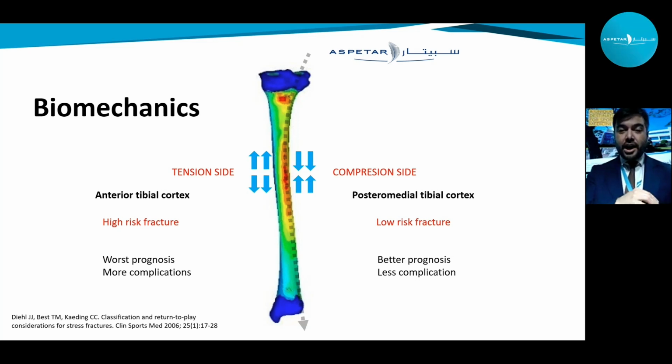High-risk fractures normally require stricter management, with ceasing of the overload movement, avoiding weight bearing, and in some cases even surgery. Bone stress injuries that affect the compression side of the bone are considered low risk and respond well to activity modification. They have a quicker return to play compared to the high-risk ones.